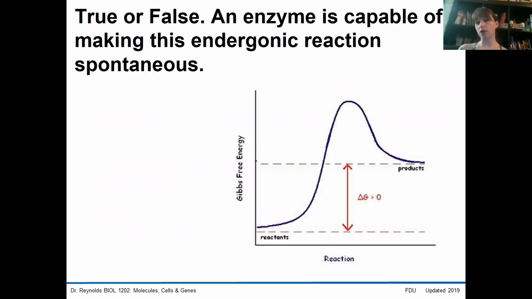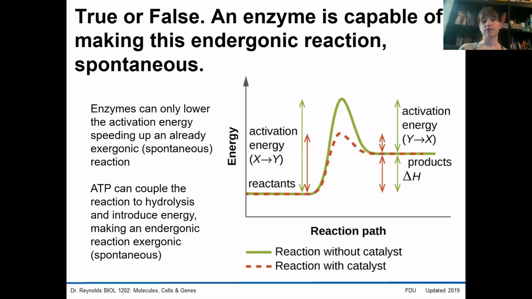So true or false? An enzyme is capable of making this endergonic reaction spontaneous. Well, this would be false. Enzymes are only capable of reducing activation energy.